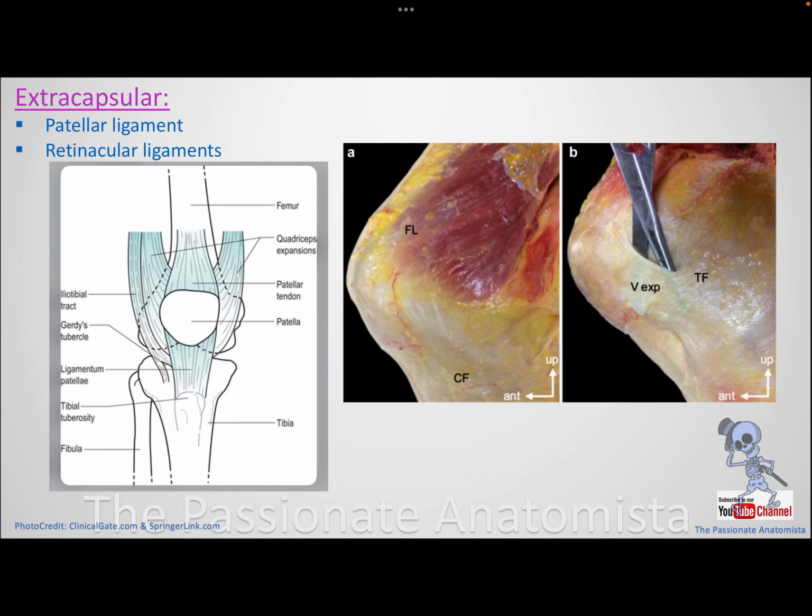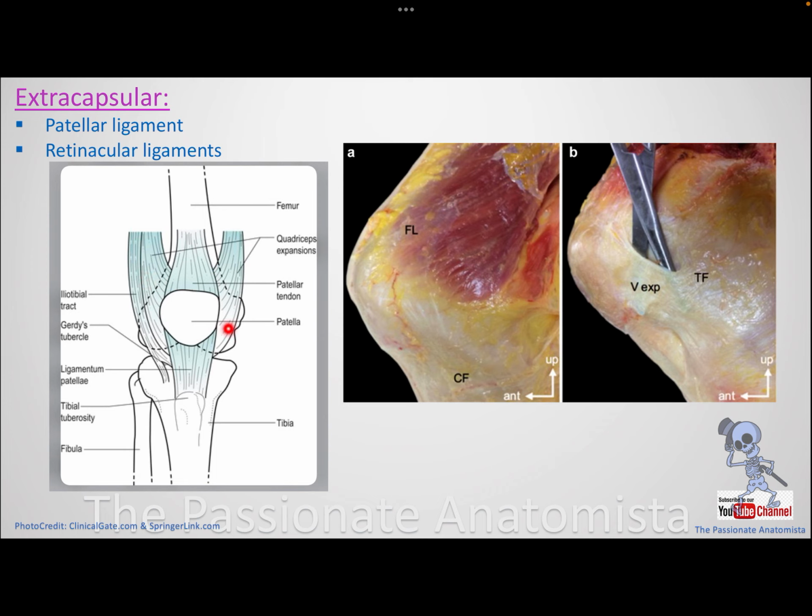And anteriorly, we have 2 types of ligaments. The patellar ligament, and you guys know it, attaches the patella to the tibial tuberosity anteriorly. And you have 2 retinacular ligaments. If you think about your thigh, you have vastus medialis and vastus lateralis, right? Those muscles from the quadriceps.